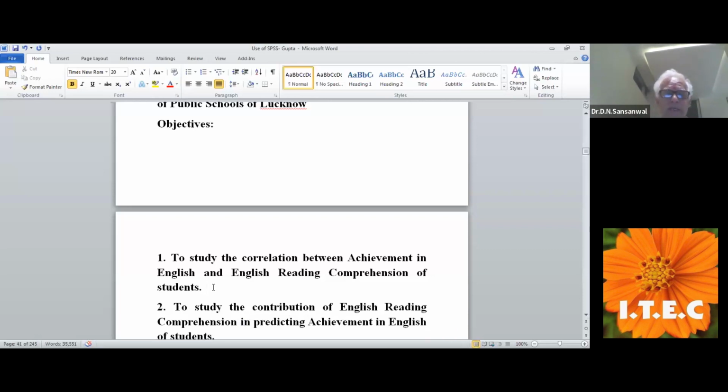Now here, if you use the product movement correlation, if you see here, it is not the product movement correlation, it is regression.